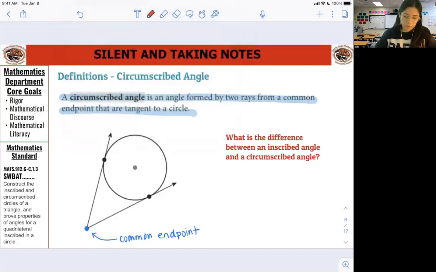What angle is formed to the radius? Good, 90 degrees. So we have a 90-degree angle over here, and we have a 90-degree angle over there. Because these two lines are both tangent lines.